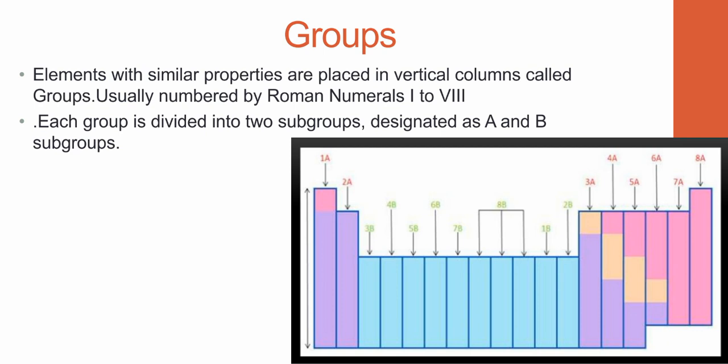These are called groups, and they are usually numbered by Roman numerals 1 to 8. मेंडलीव का जो periodic table था, उसमें भी जो vertical columns थे, they were named as groups and they are a total of 8 in number. In the modern periodic table, each group is divided into two subgroups as A and B subgroups.